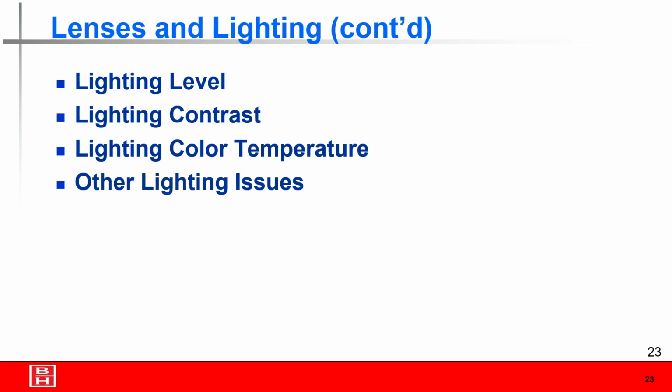Lenses and lighting level. Lenses are to the video what loudspeakers are to the audio system. Just as there is a dramatic difference in quality of audio, video image quality depends on the level of the sensors. As you know, we've seen that with technology change over the last couple of years, our smartphones have some of the greatest camera systems that allow us to have good video.